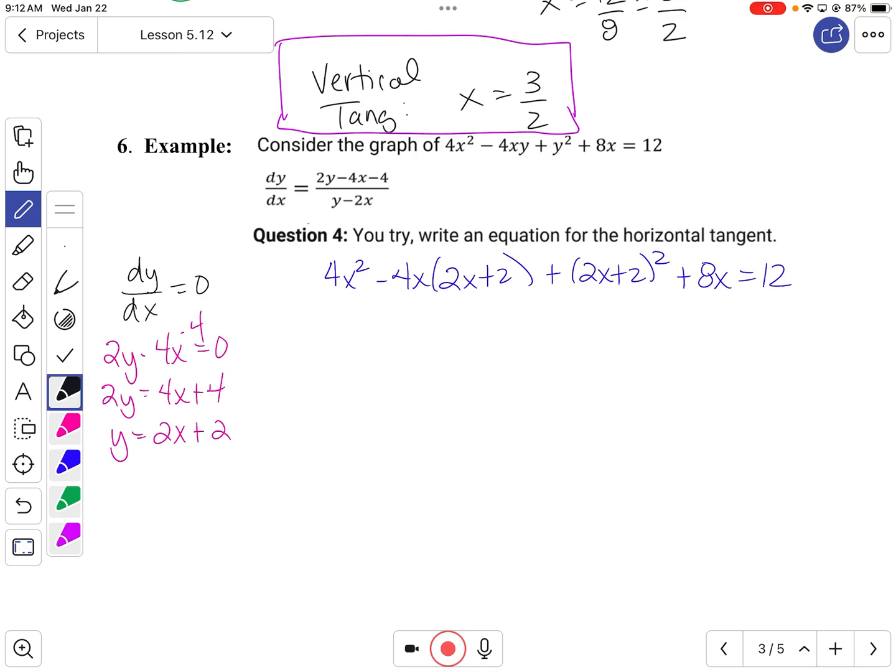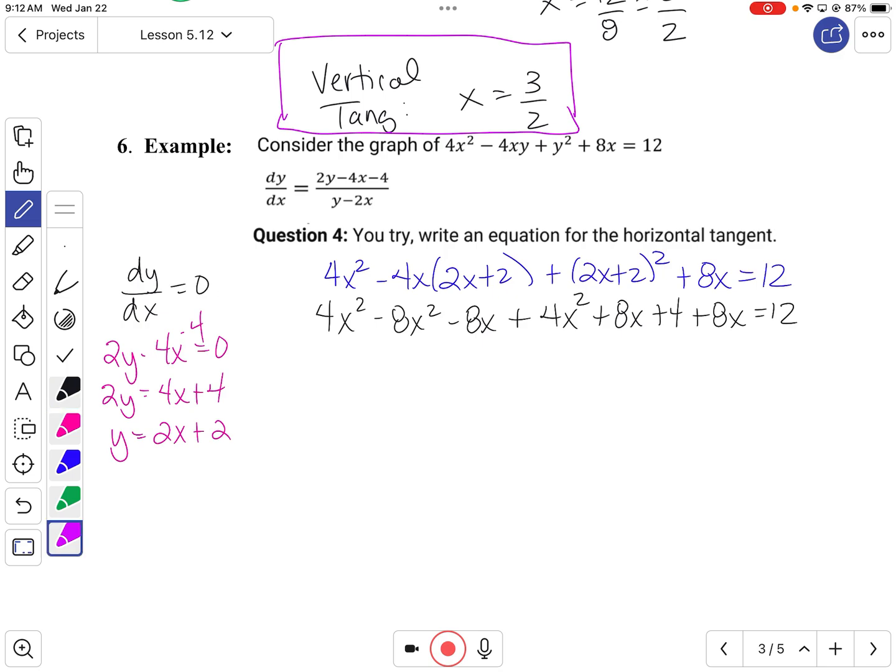Okay. So let's mess with it. 4x squared minus 8x squared minus 8x. If I square that parenthesis, that's (2x plus 2) times (2x plus 2). It's going to give me 3 terms. So 4x squared plus 8x plus 4, plus 8x is equal to 12. Whew, I hope something goes away.